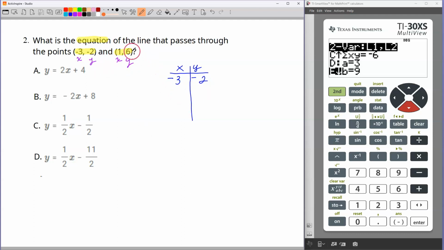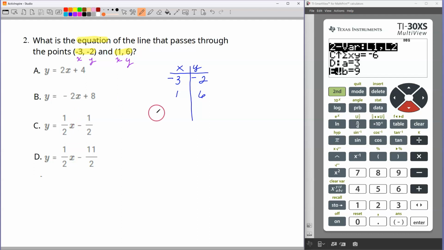They gave me a second point. So just put the second point on the table. 1 from here, 6 from here. Then you go through the same process that we did previously, and you find that B value. I'd like you to pause the video and go through the process we went through and see if you can get the correct answer.